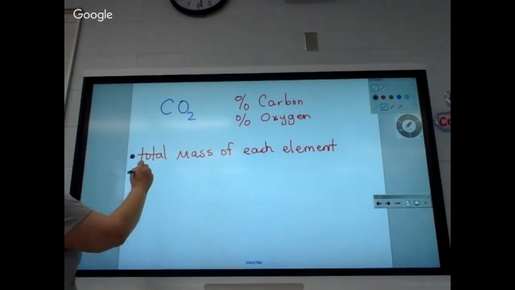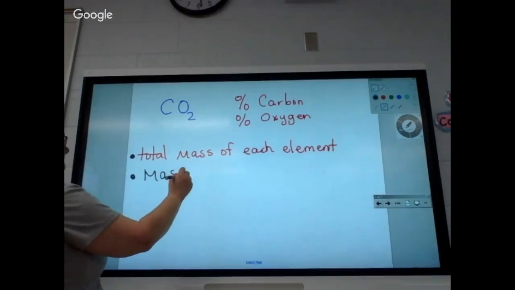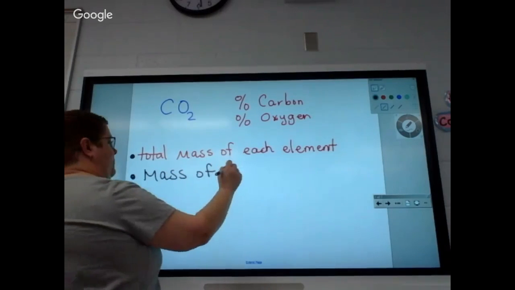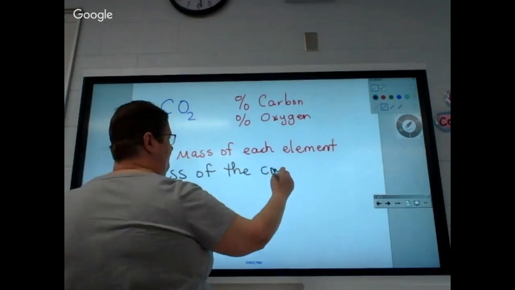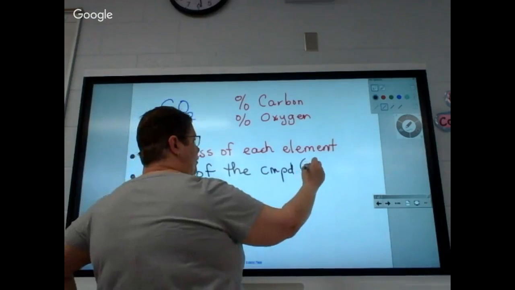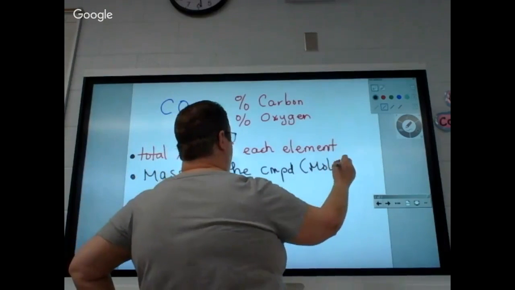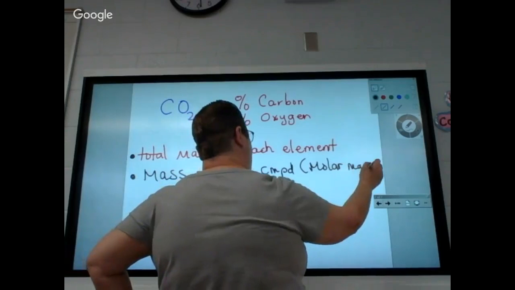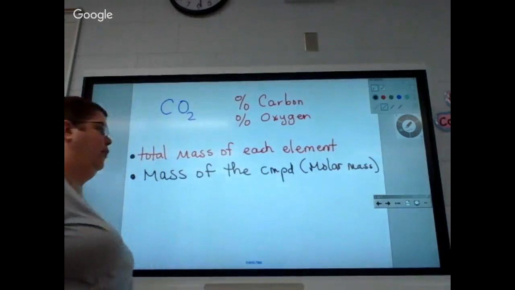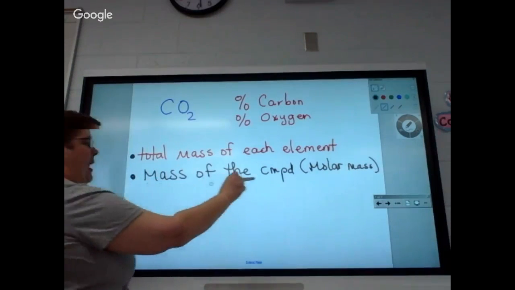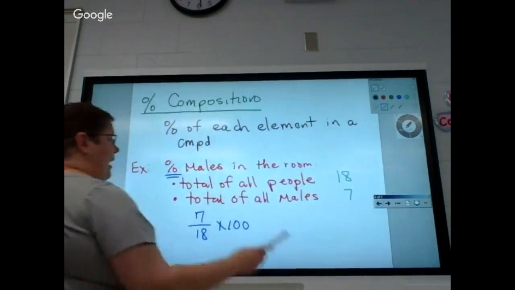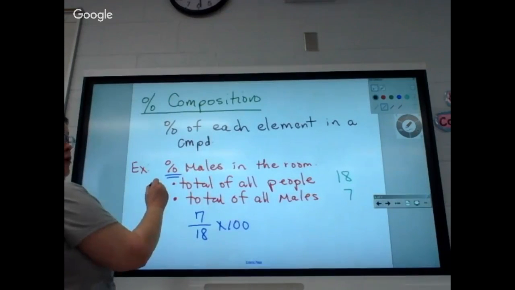Okay. You need the mass of the compound. And that's called molar mass. Or you can call it formula mass or some other name. Now, when we say the mass of the compound, that would be adding up all the people in the room.